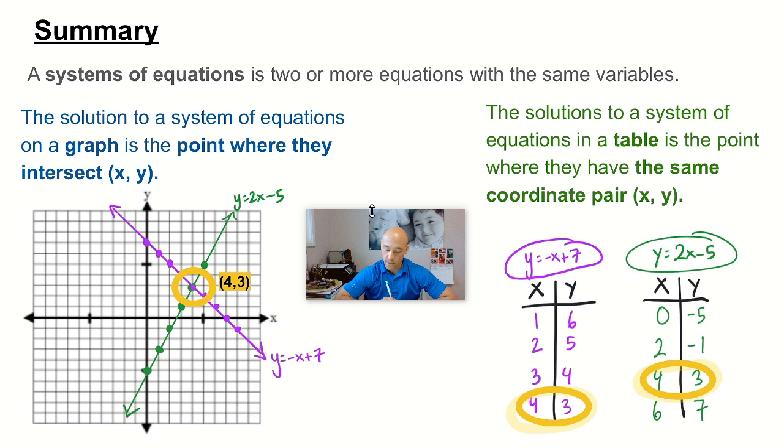And the solution to a system of equations in a table is the point where they have the same xy coordinate pair. And in an equation, a solution is the only xy coordinate pair that will make both equations true. Are there any questions on that?